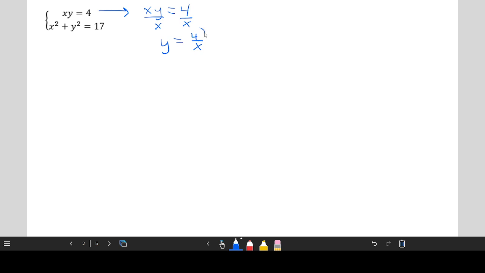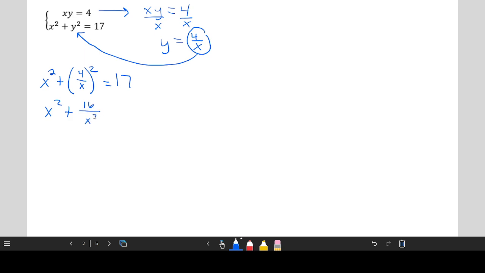And then we can substitute that for y in the other equation. We had y squared in the equation, so that fraction is just going to be squared, which means we're going to square the numerator and we're going to square the denominator.